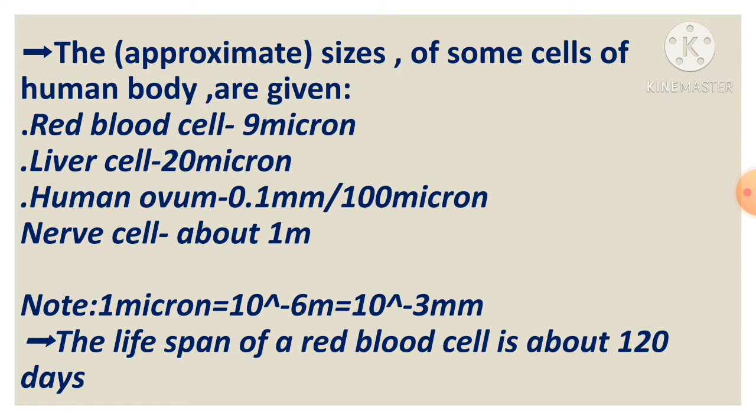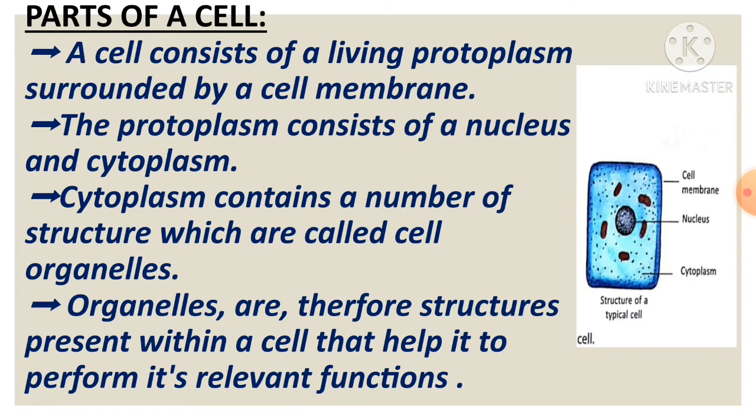The approximate size of some cells of the human body are given: red blood cell 9 micron, liver cell 20 micron, human ovum 0.1 millimeter or 100 micron, nerve cell about 1 meter. Note: 1 micron is equal to 10 to the power minus 6 meter, which is equal to 10 to the power minus 3 millimeter. The lifespan of a red blood cell is about 120 days.